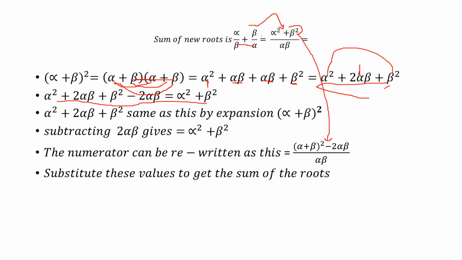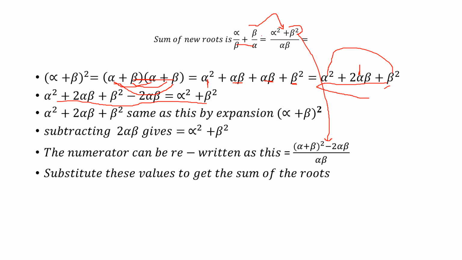Now, the value of the sum of roots that we got in the former one, we get alpha plus beta equals minus 6 over 5 and alpha beta equals 3 over 5. Do you get? So let me input it in this one. So I substitute it.